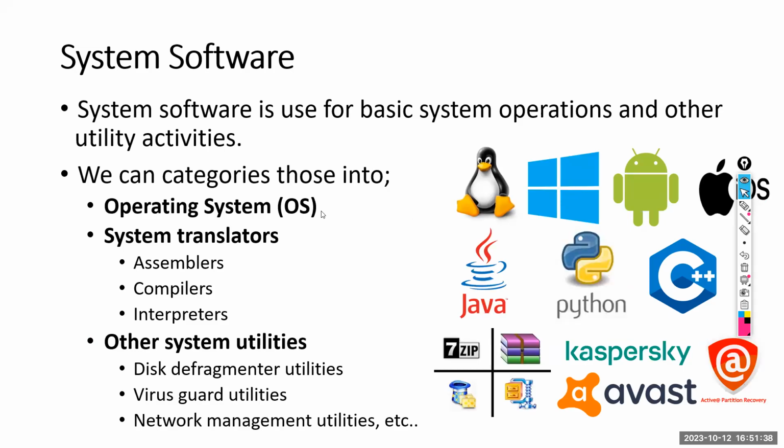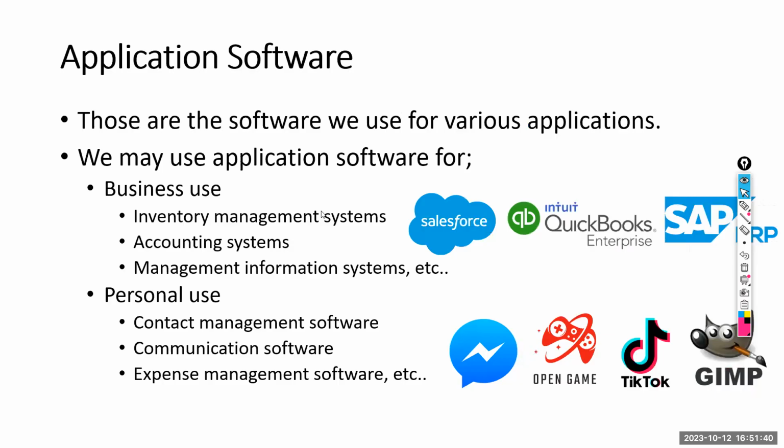Application software is basically different applications, right? For example, I'm using the PowerPoint application now. I'm using the Zoom application. I can use the Photoshop application. I can use the Word application, or I can use a game application, a computer game.